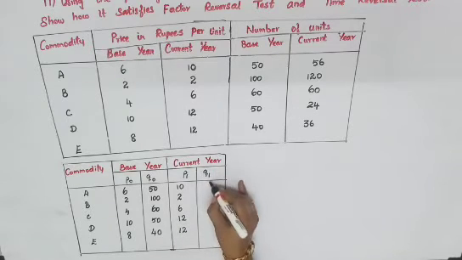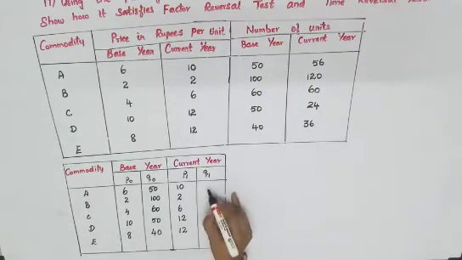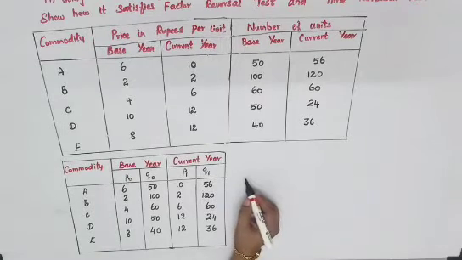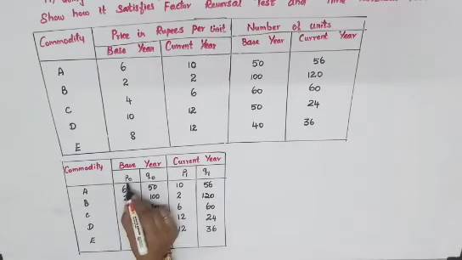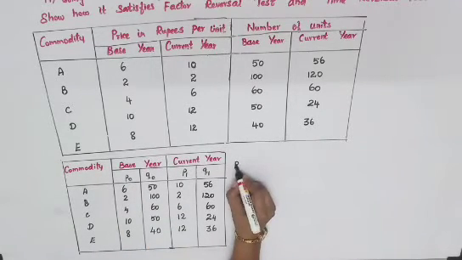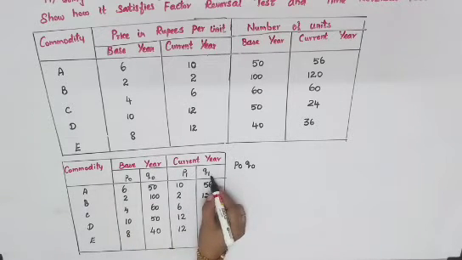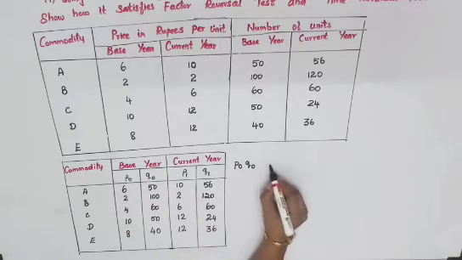Next is current year quantity. Quantity is nothing but your number of units for the current year. So this column you have to write it: 56, 120, 60, 24, 36. Next are the values which are needed for your Fisher's ideal index, we'll have to find them. First is P naught Q naught. Next with P naught, the last column Q1, that is first with P naught you'll have to finish up: P naught Q naught, then P naught Q1.